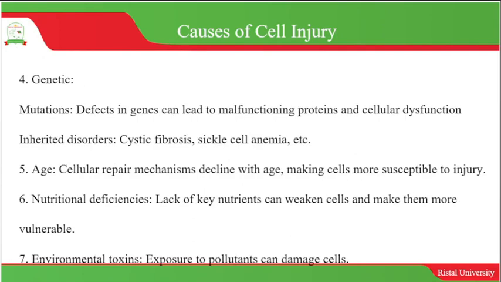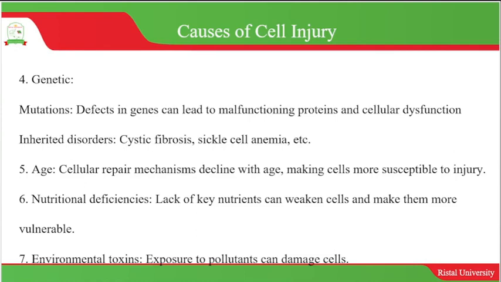So we also have genetic causes of cell injury. Genetics can also cause cell injury. Mutation defects in the genes can lead to malfunctioning of proteins and cellular dysfunction, such as inherited disorders like cystic fibrosis and sickle cell anemia, which can lead to injury.